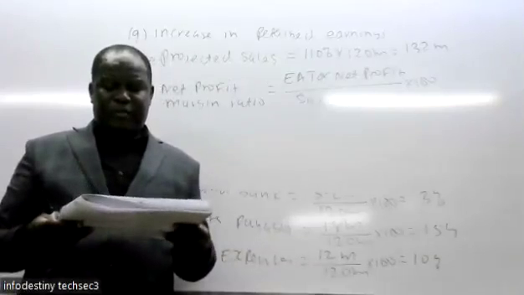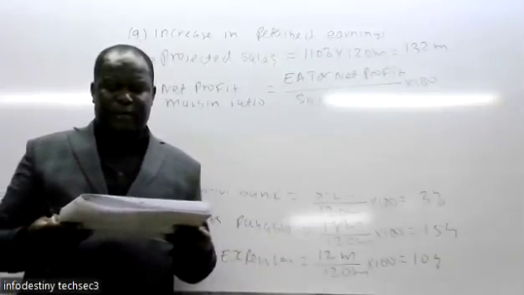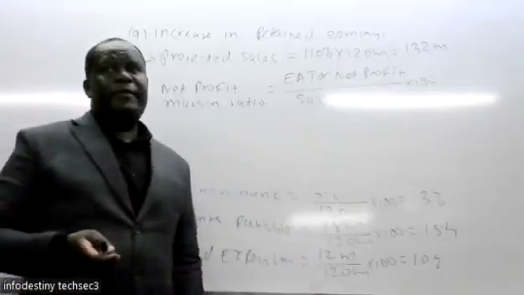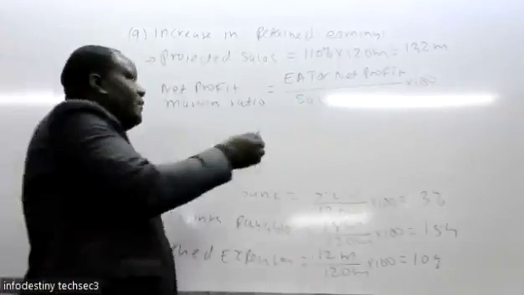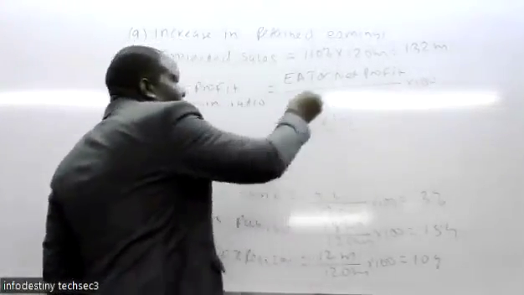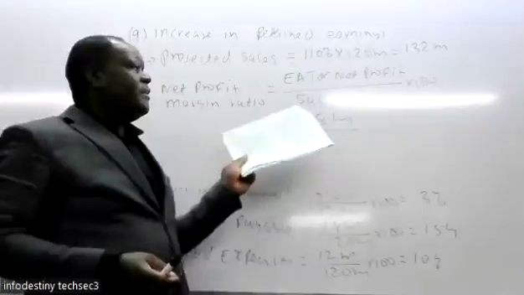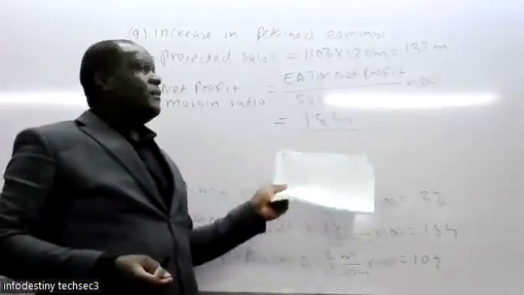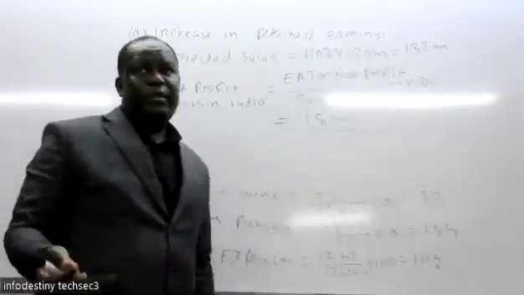Note 3, the question had given you after tax profit. How much is that after tax profit? So you take 18 million. For the sales, you use the current sales, not the projected sales, which is 120.